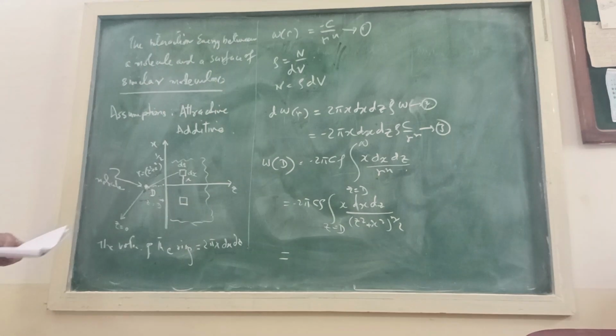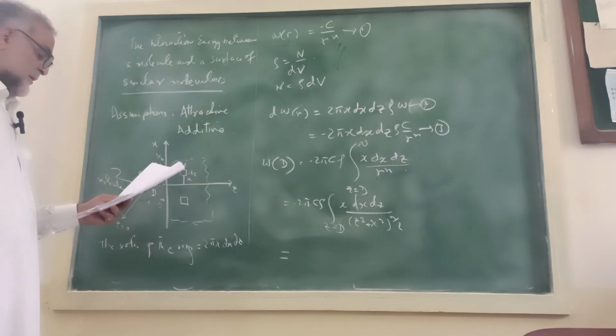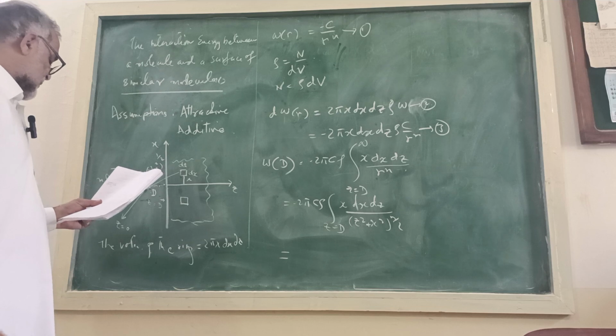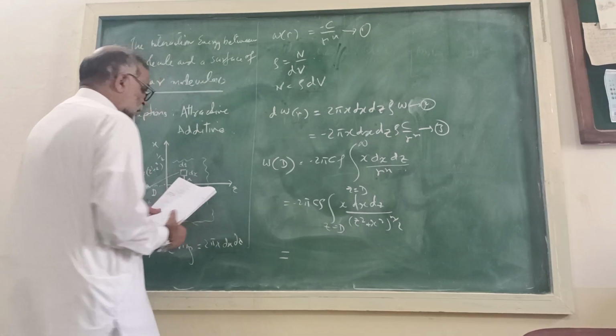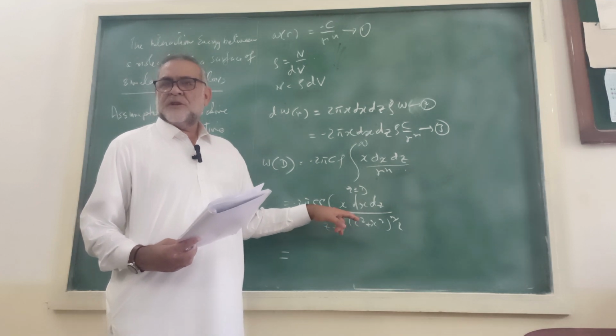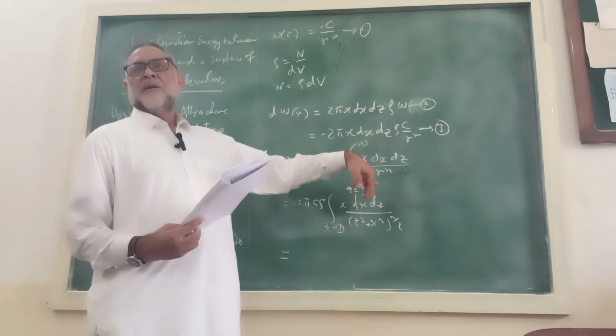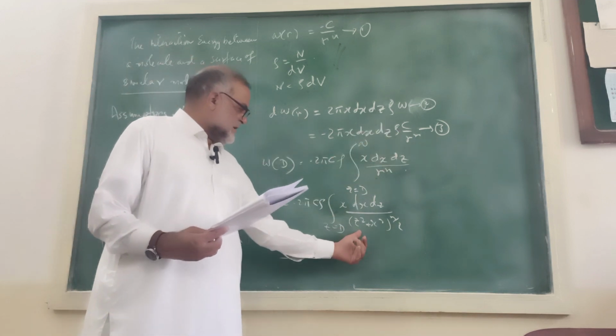So by simplifying this integral with the help of partial fractions, treating z equal to constant at one time. This is an integral over two variables: first the integral over one variable and then the integral over the second variable. The second variable x will be integrated with z constant.